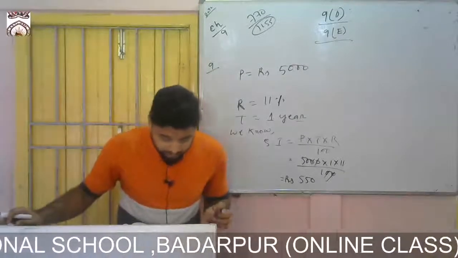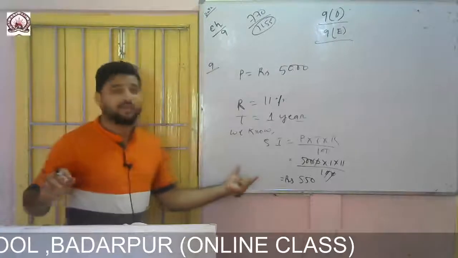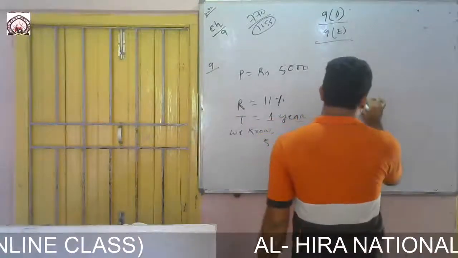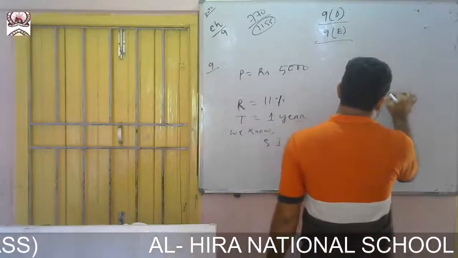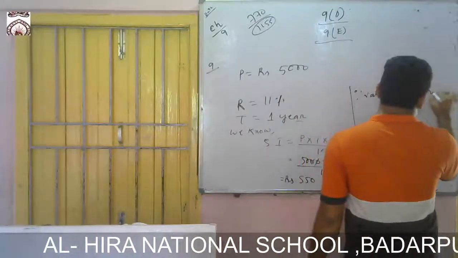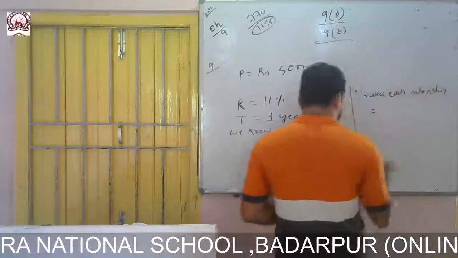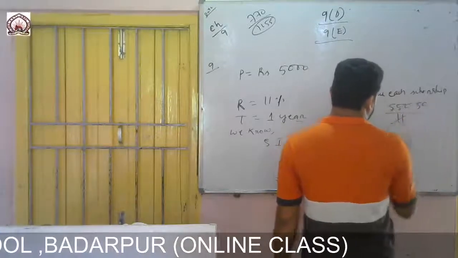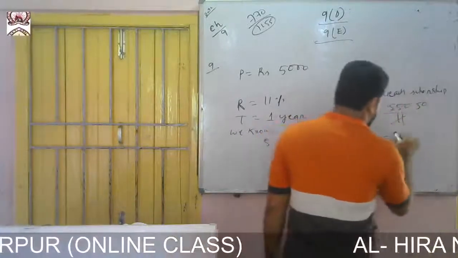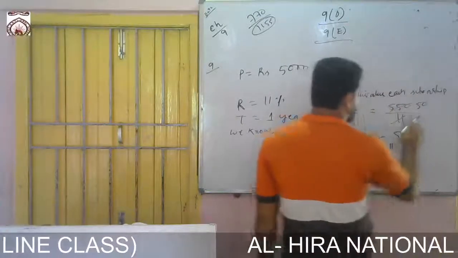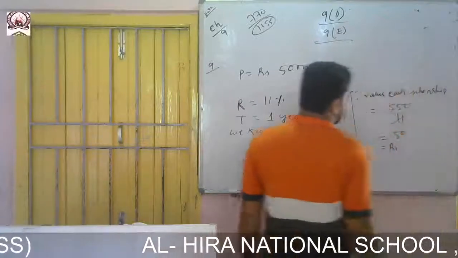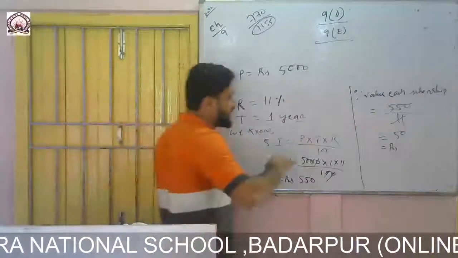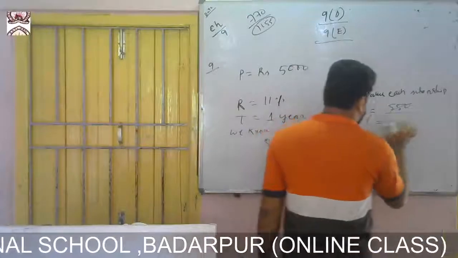Now find the value of each scholarship. So the value of each scholarship will be total 550 by 10 scholarships.